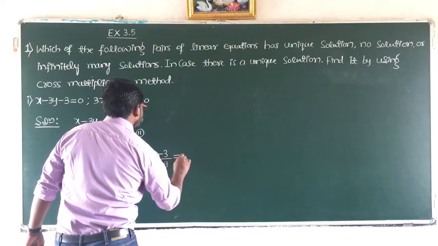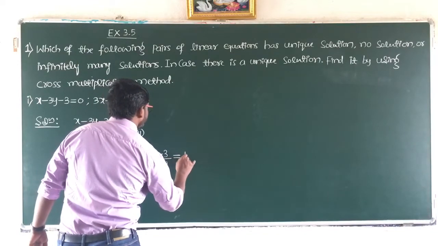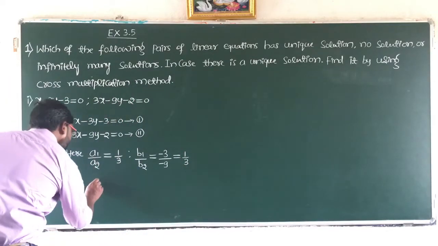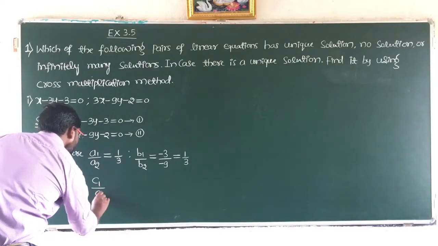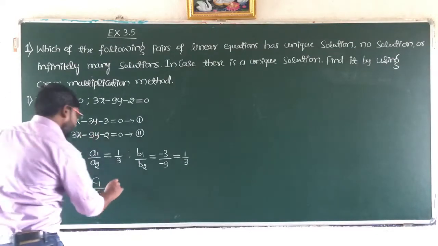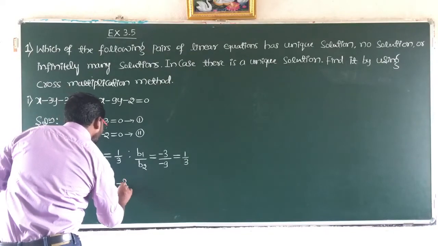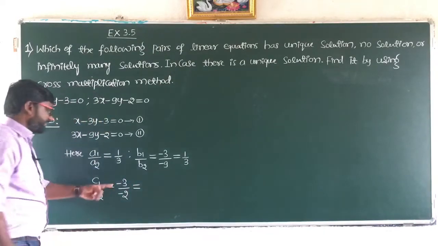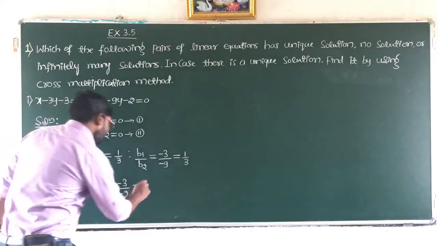Minus by minus is plus, and 3 ones are 3, 3 threes are 9, so we get 1 by 3. Then C1 by C2: C1 is minus 3, so minus 3 divided by C2, that is minus 2. Minus by minus is plus, so we get 3 by 2.